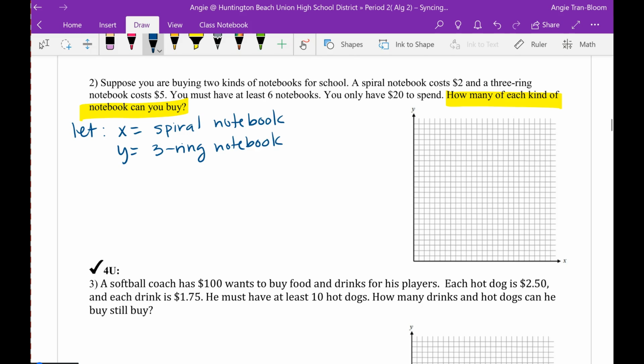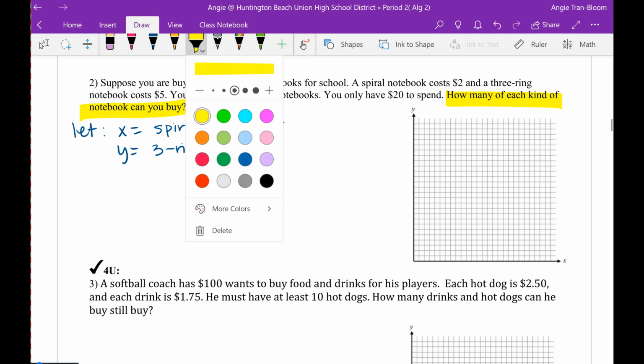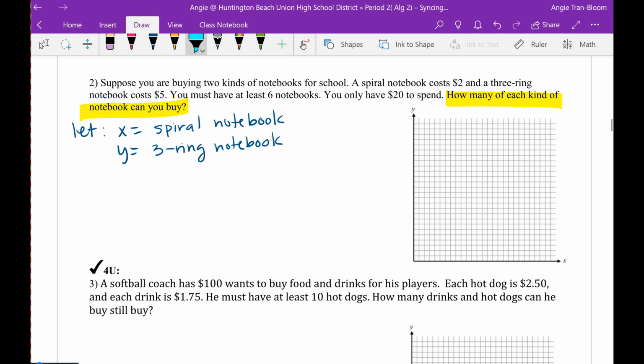All right. Then let's highlight some key things. What key things do you think we should highlight? Okay, how many of each kind can you buy? Very good. We highlight the question. What else do we highlight? You only have $20. You're right. What else?